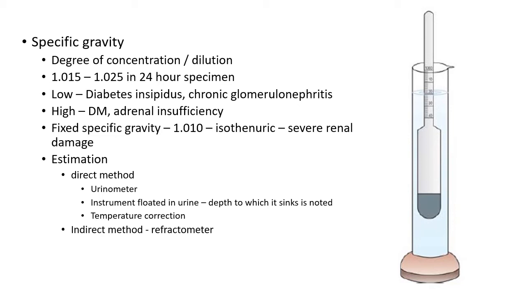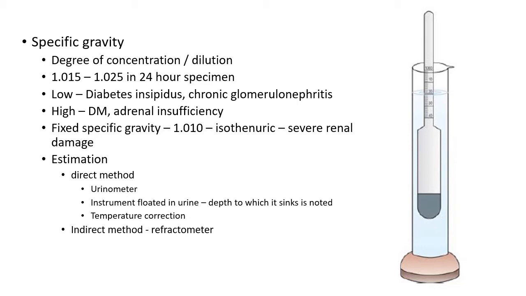This is low in conditions like diabetes insipidus, chronic glomerulonephritis, etc., and high in conditions like diabetes mellitus and adrenal insufficiency. The high specific gravity in diabetes mellitus is due to the high concentration of glucose in urine.